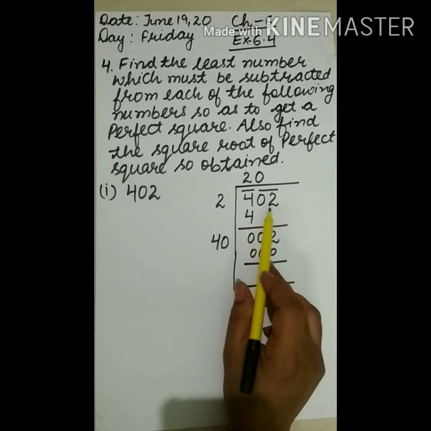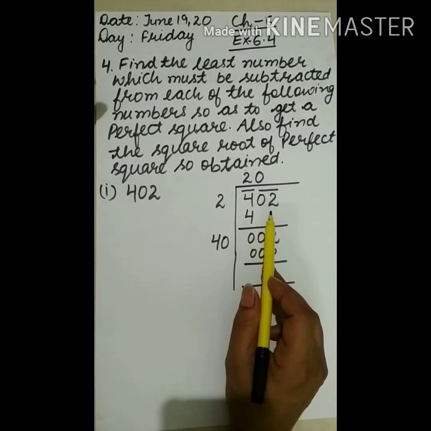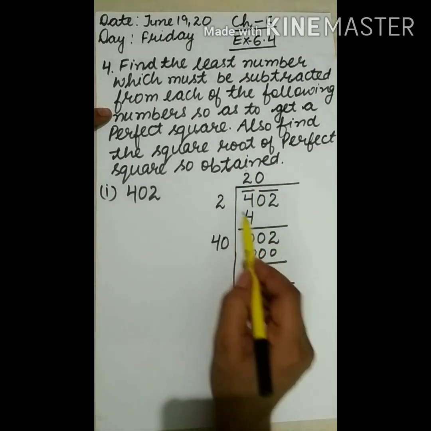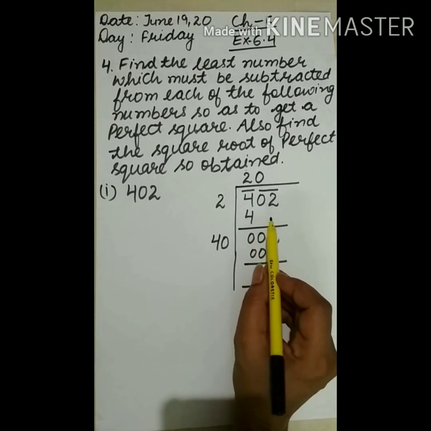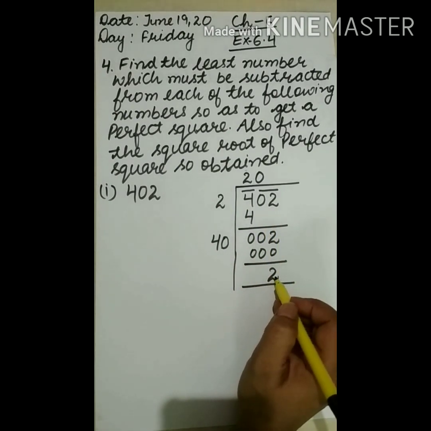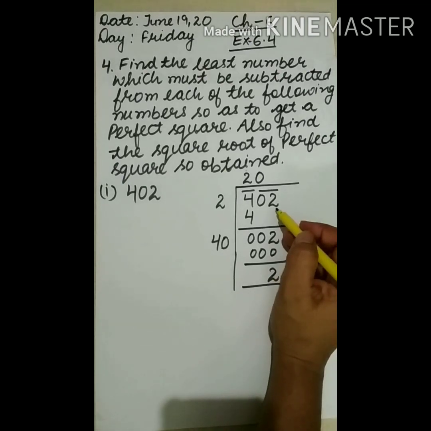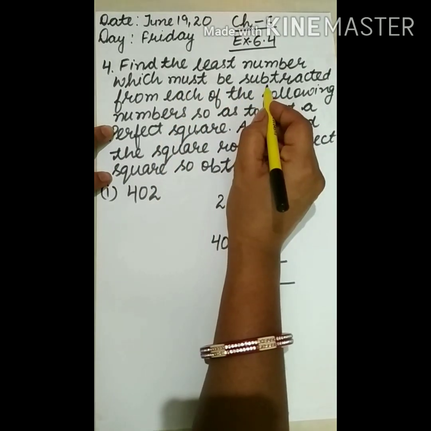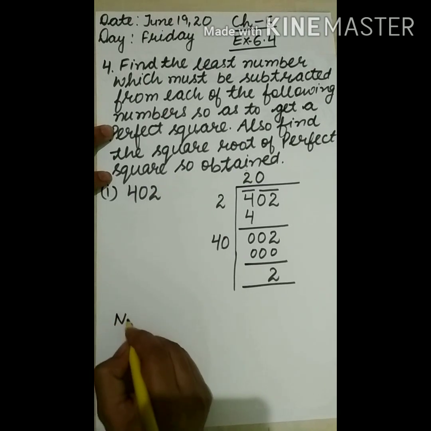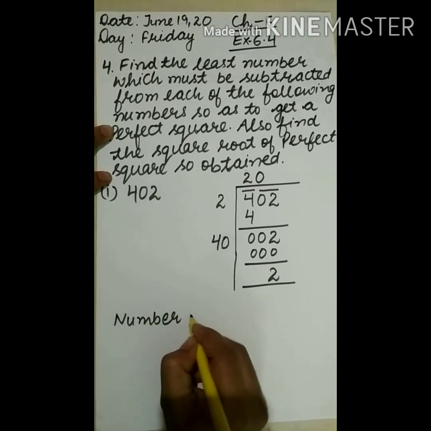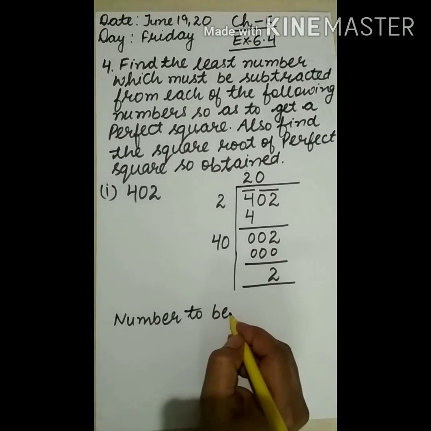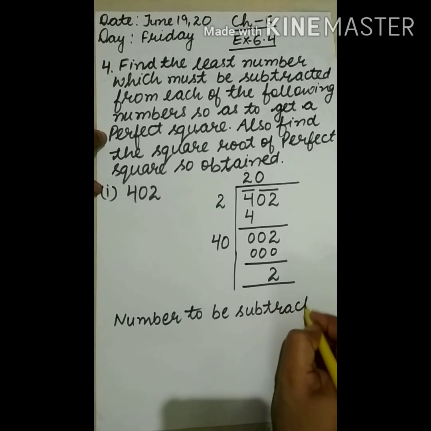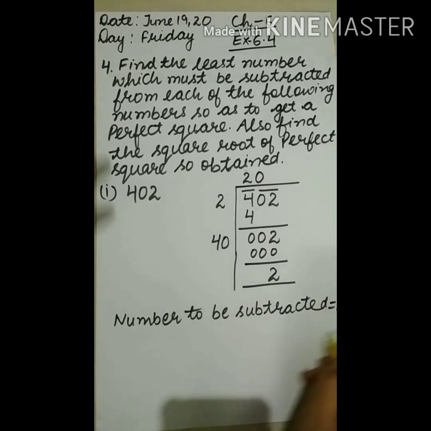As this 402 is not a perfect square and we are to find the smallest number which must be subtracted, it means this 402 is greater than the square number. What remainder we get, we will simply subtract it from the given number and we will get the perfect square number. Now we are to find the number which should be subtracted. So here the number to be subtracted is equal to 2.